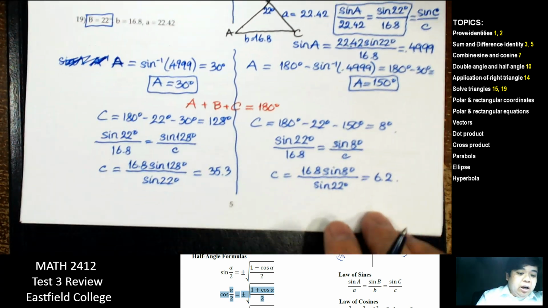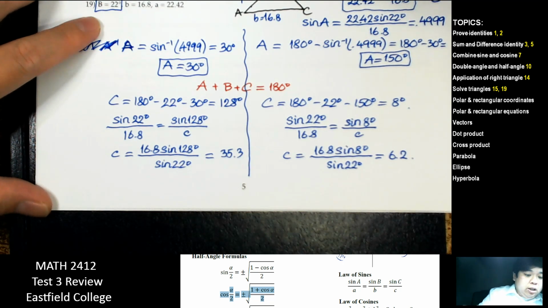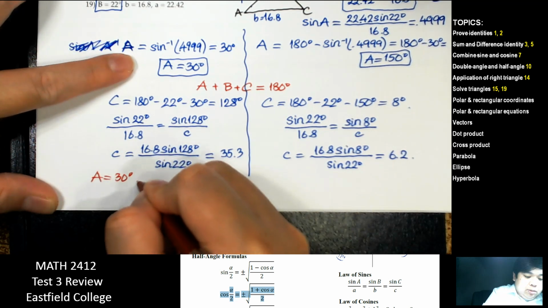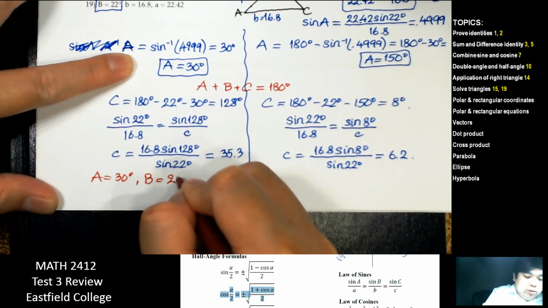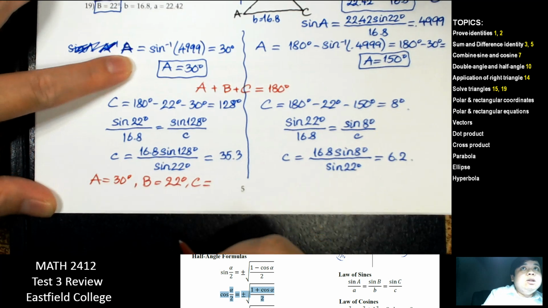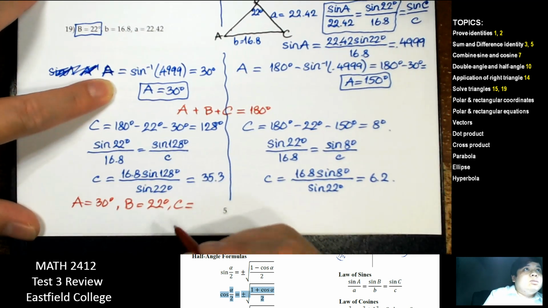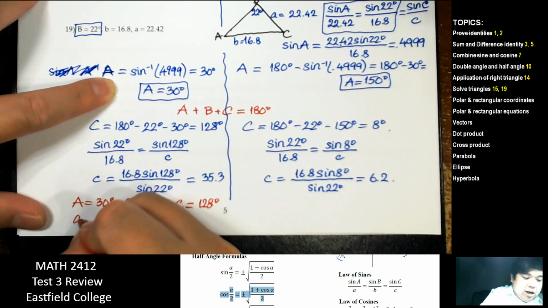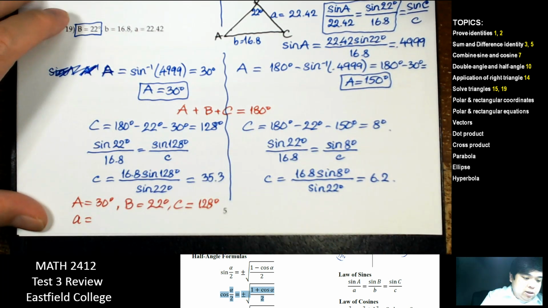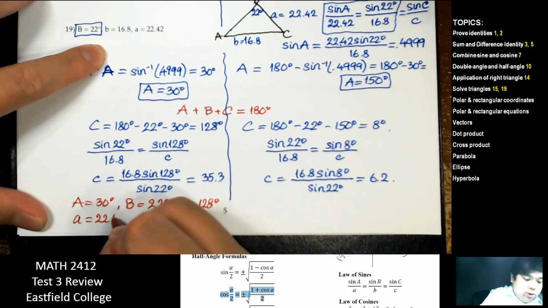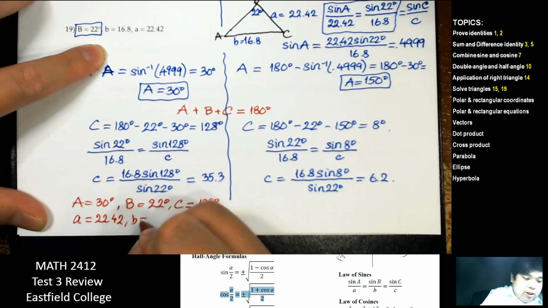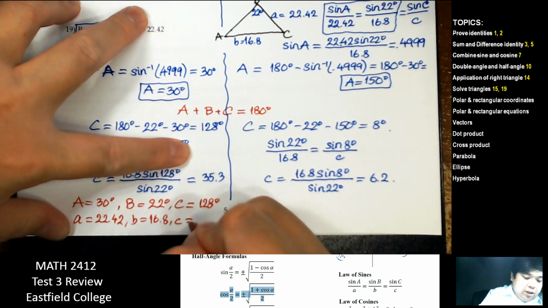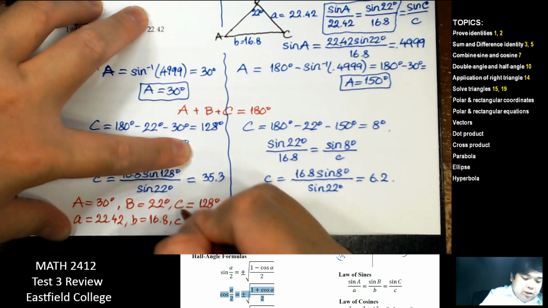And finally we should write the answer as follows. Angle A, in this case 30 degrees, B 22, C 128, and side little a 22.42, little b 16.8, and little c 35.3.